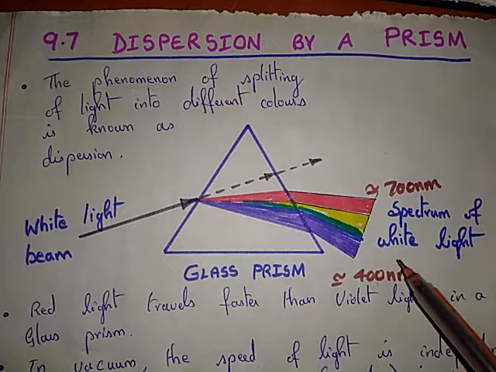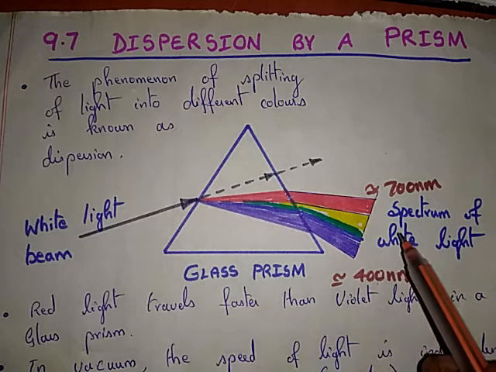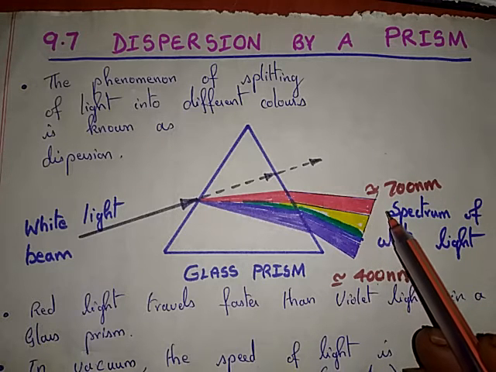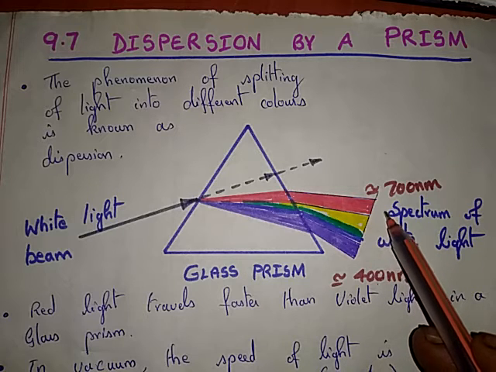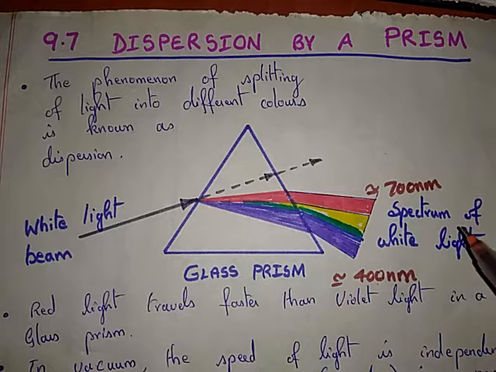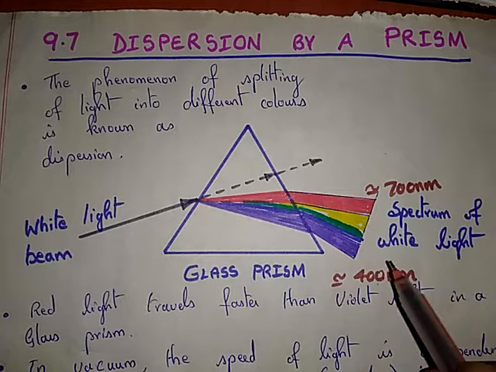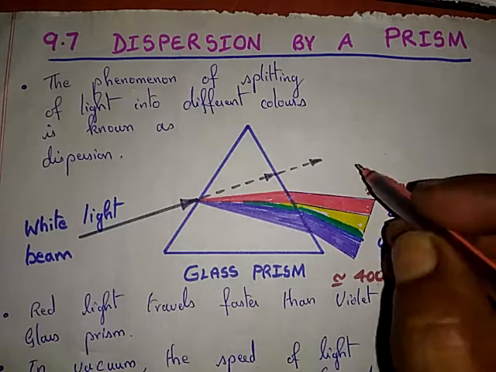Similarly, 700 nanometer is red, and 680 nanometer may be a shade of red, or 680.2 is another shade. So generally speaking, we can classify into 7 broad colors.